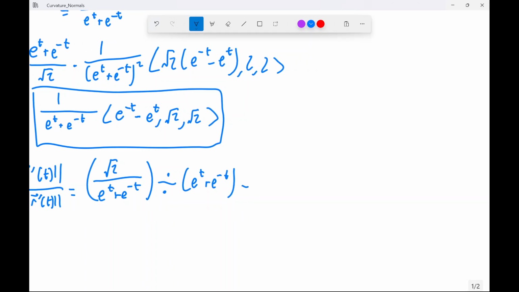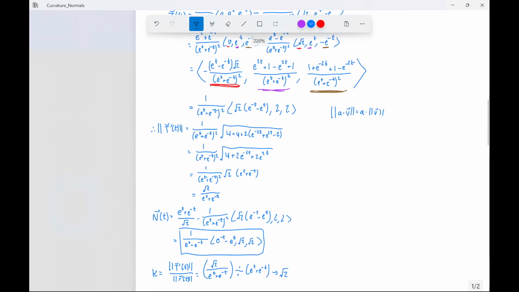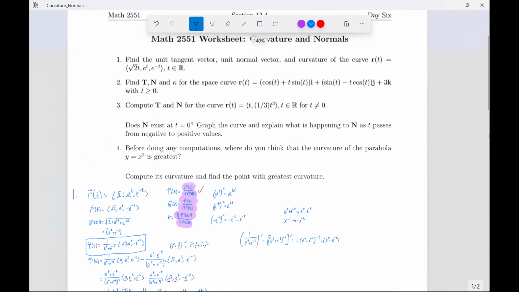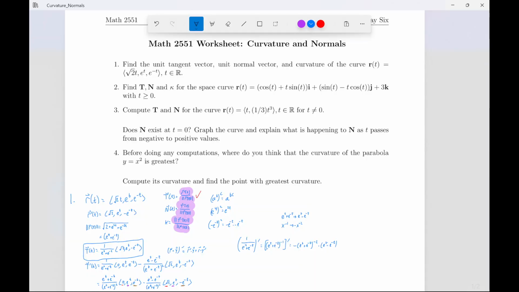And isn't that crazy? That's just root 2. Which I think is really interesting. All of that annoying arithmetic, and it just ends up being root 2.